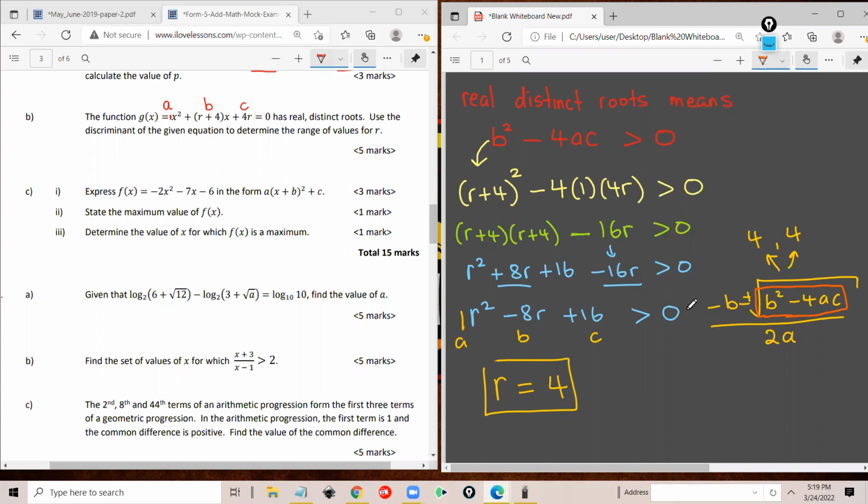I get 0 over here when I work it out. So if you didn't get 0 here, remember, when you get 0 here, the square root of 0 would be 0. All right? So I'll let you know that the final answer is 4. For the people who did not get 4, please confirm with me when you finally get the 4. And then we will move on to the next question.